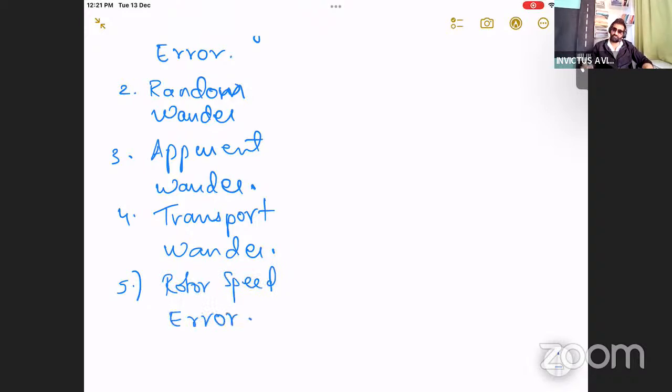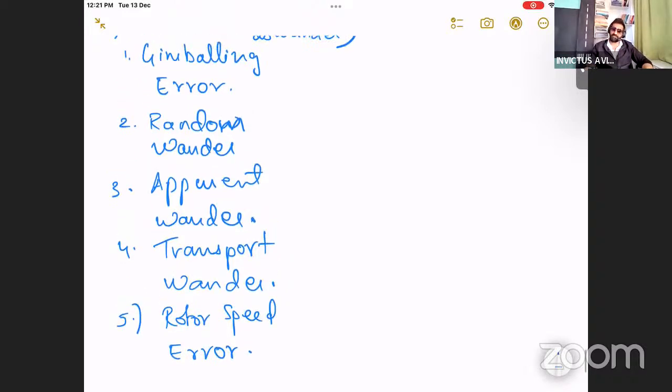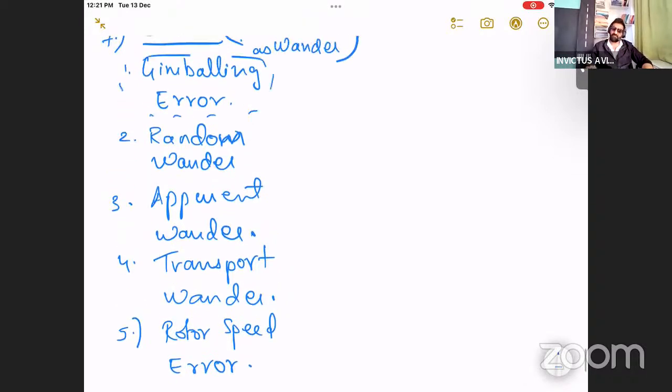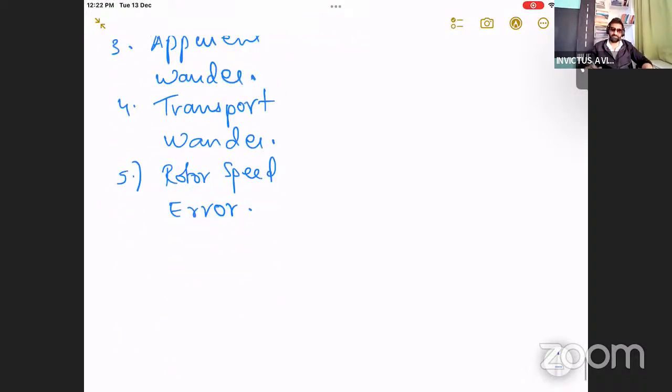So why are these two, the first and the last, called errors? Because they are generally more towards the mechanical aspect of it. Rotor speed could be impacted due to the air drive, the air pressure not being enough, or the torque motor not performing properly. And gimbaling errors can happen mechanically with any gyros. No problem. The other three wanders are nothing but the error in the reading, nothing else.